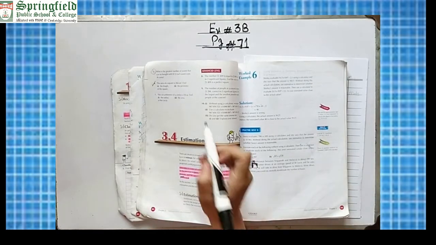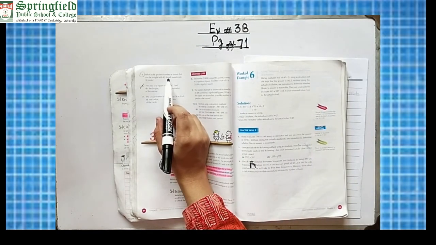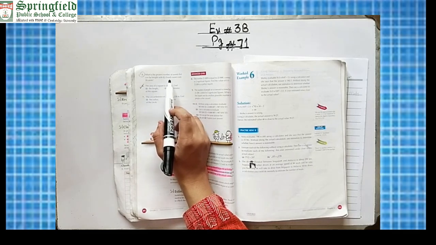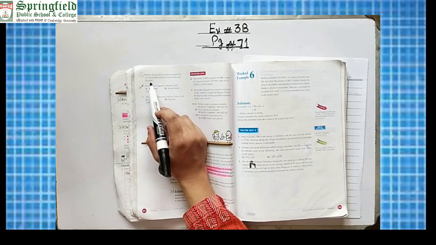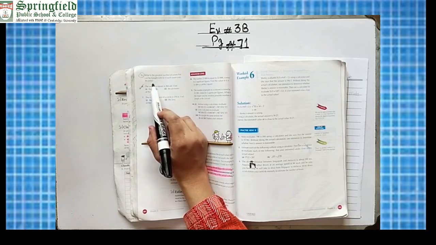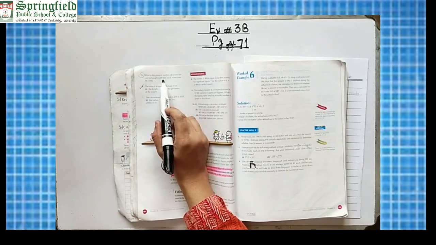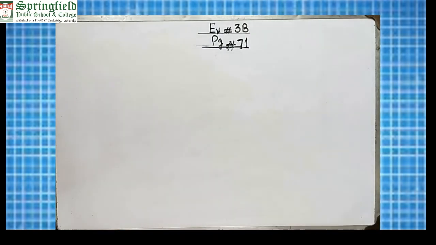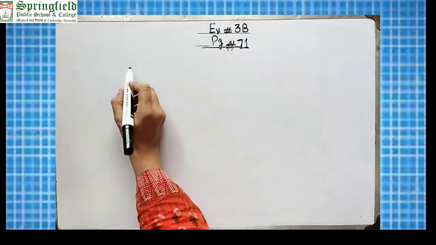Okay beta, and question number 5. What is the greatest number of sweets that can be bought with $2 if each sweet costs 30 cents? If each means one sweet costs 30 cents, then how many sweets will come for $2?